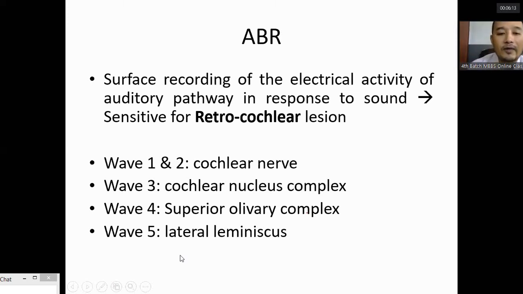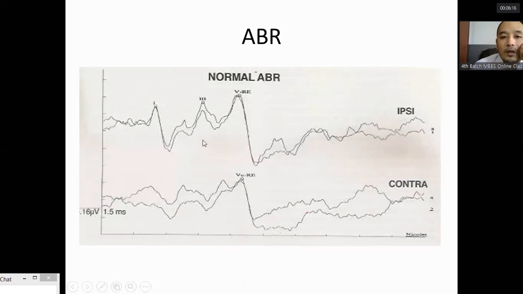These are the electrical waves captured by the ABR machine. In retrocochlear pathology, we can see the absence of these waves, and in sensorineural hearing loss, we can see a delay in the peaks of the waves.